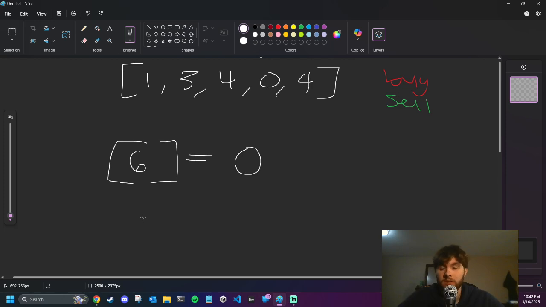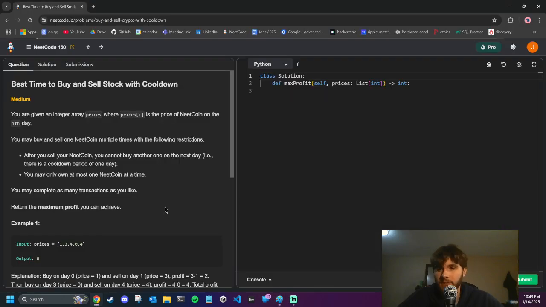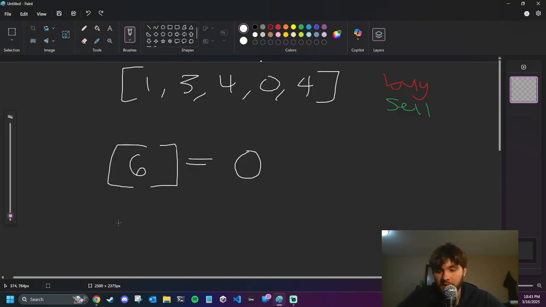Okay, so now what if we add another number? If it was 6, 2, then our answer is still 0 because we go from left to right, right? If it's 2, 6, then the answer is 4.